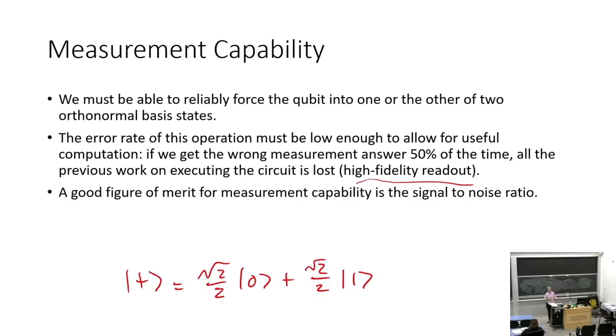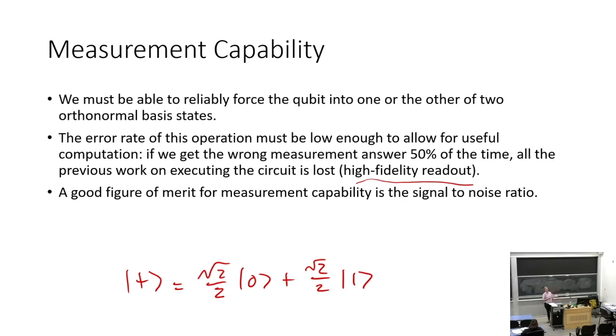In general, a good figure of merit for measurement capability is signal to noise. This accounts for measurement inefficiencies as well as things like inherent signal strength available from coupling a measurement apparatus to our quantum system. And it's going to look a little bit different for every kind of qubit technology that we consider.